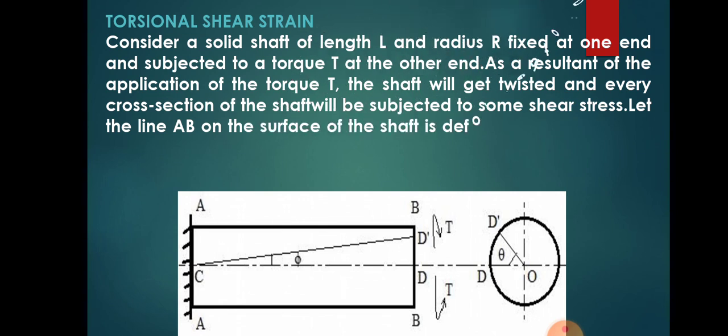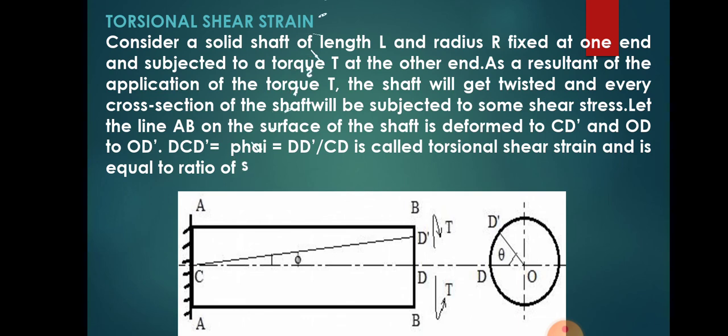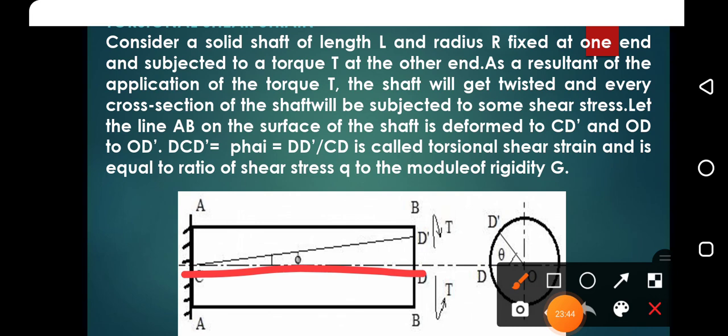Let the line CD on the surface of the shaft be defined; before applying a torque it is CD, and after applying a torque it changes to CD'. Here the angle it makes is the phi angle.